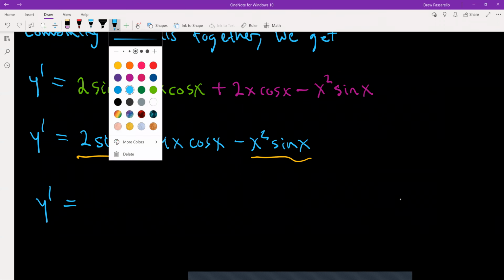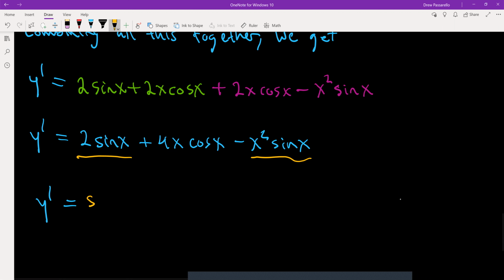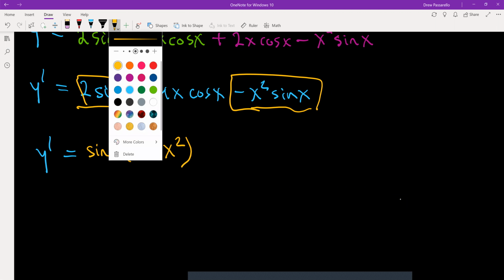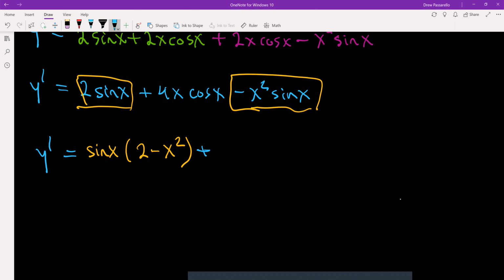And then I'll be left with 2 minus x squared. So that takes care of factoring out sine x from those two. And then I have plus 4x cosine x. Right, so that's as far as I can go.